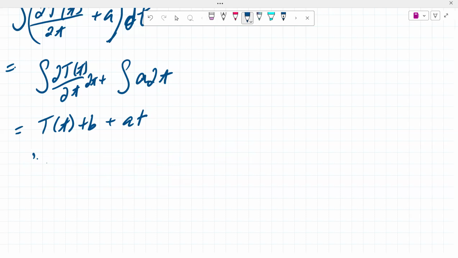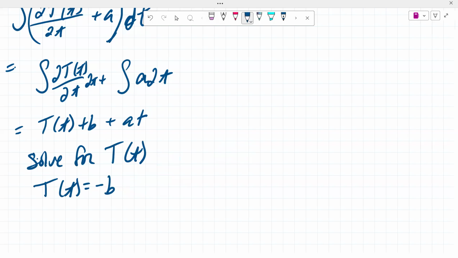Solve for T of t: T of t equals negative b minus at. But these should be plus signs, and we have minus signs.